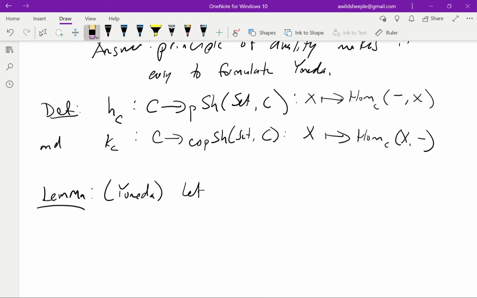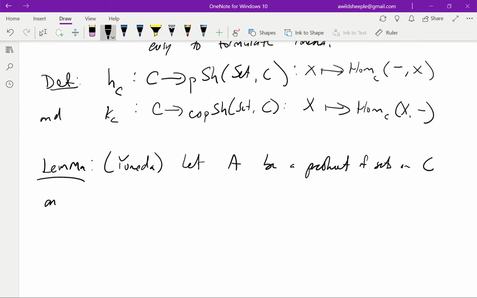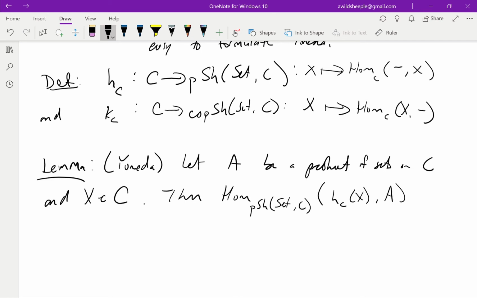Let's say we have a presheaf A on a category C, and let's take some object X in C. Then Hom in the category of presheaves, and I apologize for this cumbersome notation, between H_C of X and A is naturally isomorphic to A of X. Now remember, A is a functor, because it's a presheaf.